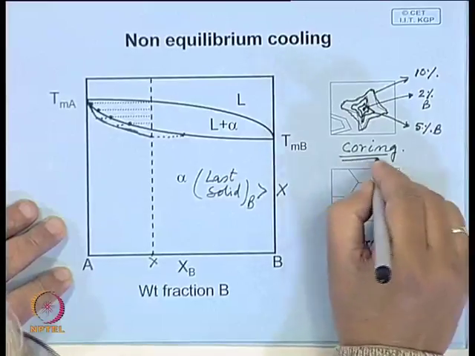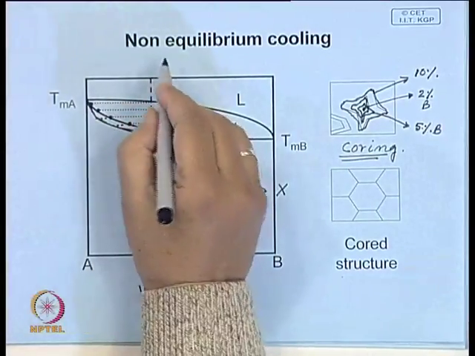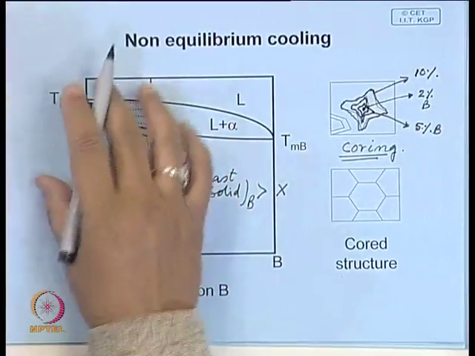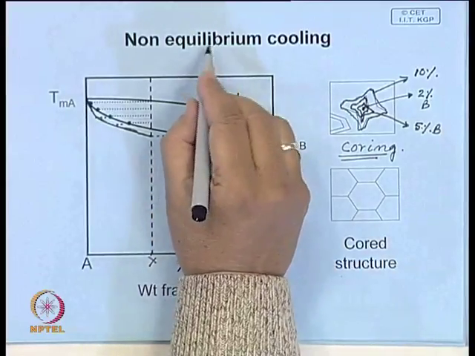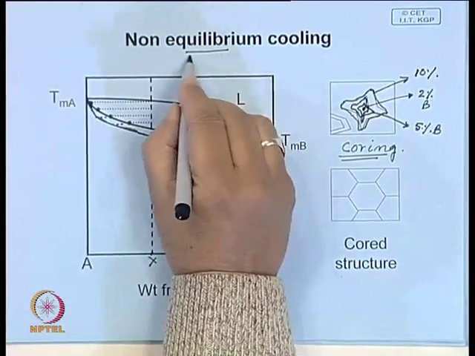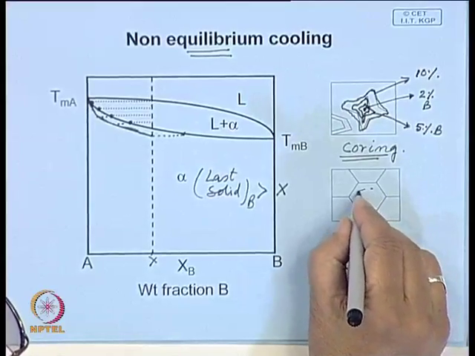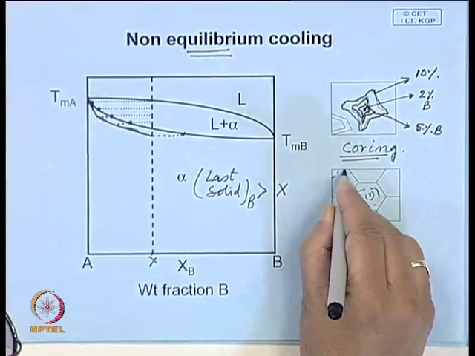So, using simple concepts and that assumption, we can understand to some extent the structural change that is likely to take place when there is a departure from equilibrium cooling. Finally, you will have a cored structure, with different compositions from center to periphery.